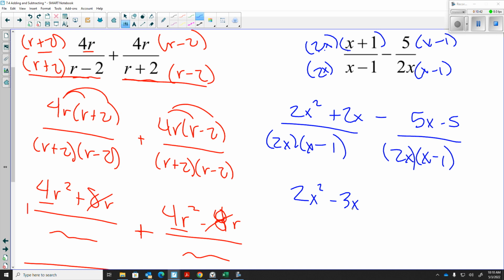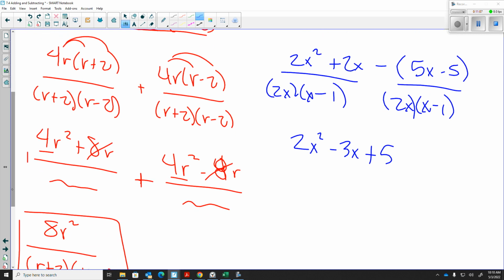You're subtracting all of this, right? Think about it like this if you need to. You're subtracting this entire thing. It's minus negative 5. What is that? Plus 5. Just be careful about your signs. So you have that over your denominator.